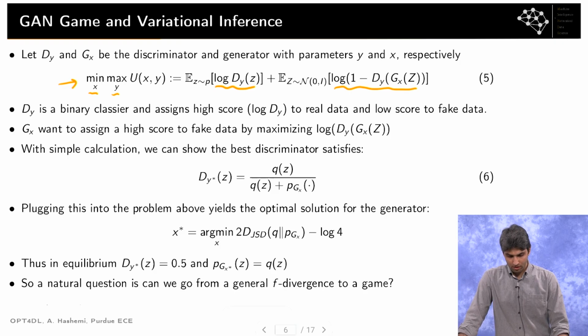In particular, if the log of this is near 0, then the score corresponding to the fake data is really low. It means the discriminator thinks this is actually a real image.